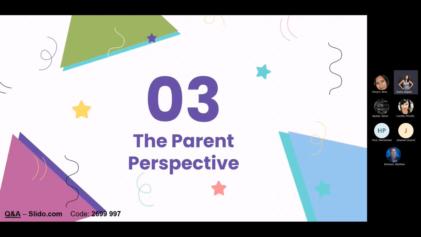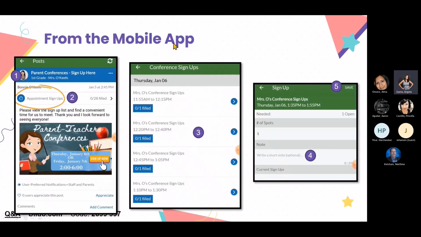All right, let's see the parent perspective, how easy it is for parents to sign up for these appointment slots. So as you publish the post, this is what parents will see using the mobile app. They will have to go into the post, and then they will see here at the top of the post this appointment signups tool that gets enabled when you create those appointment signups.